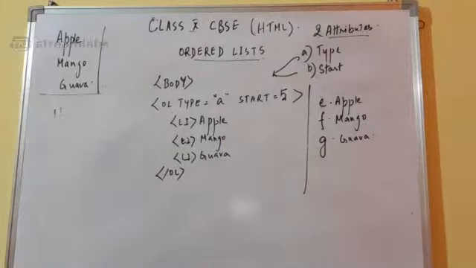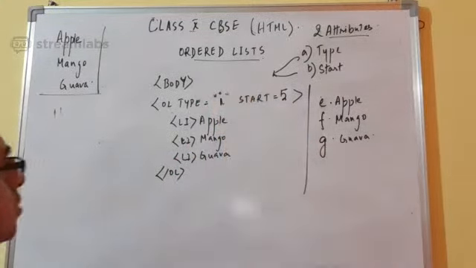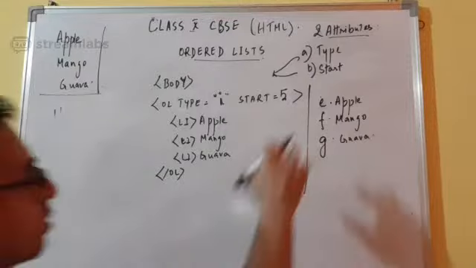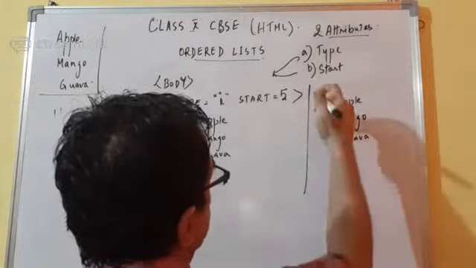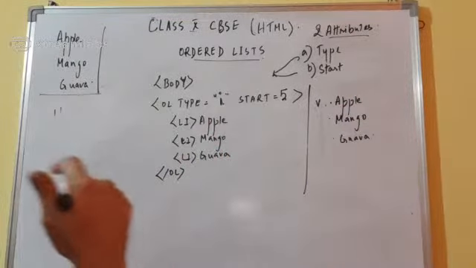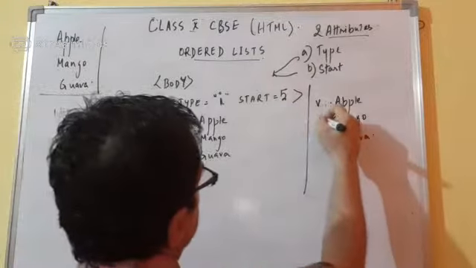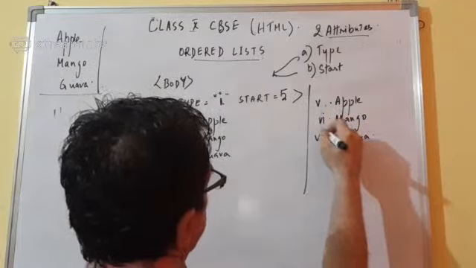Is there any doubt? Now suppose type equal to i and start equal to 5. Then this will be 5, because small i makes it Roman numerals of the lower case, then 6 and this will be 7.